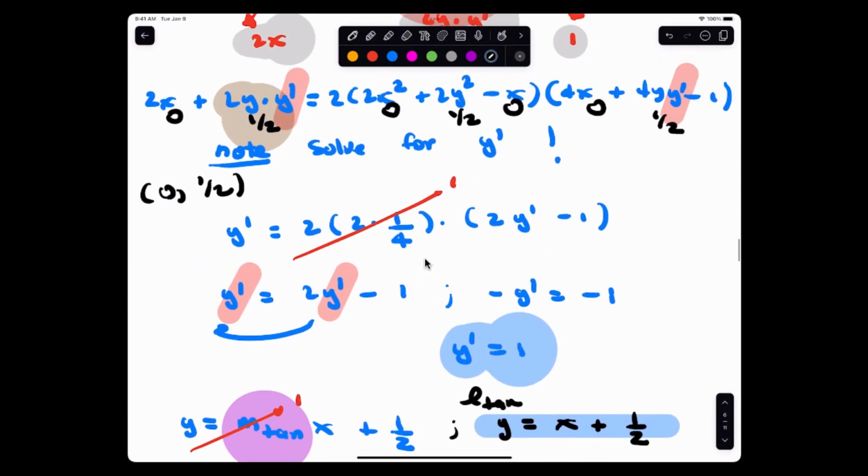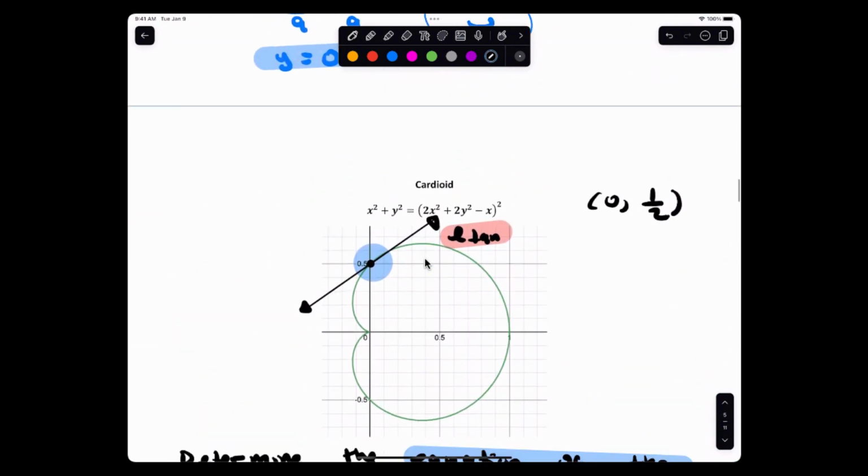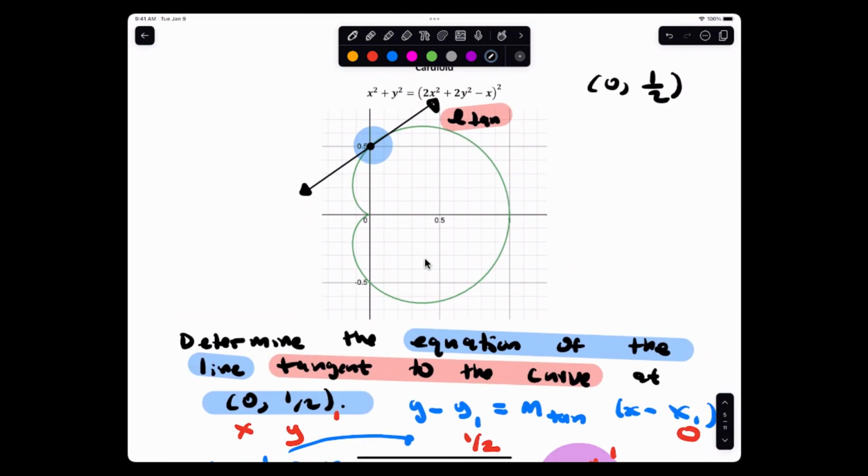All right, now let's recall. I want you guys to note this as well. What if they ask you for, what is this? What if they ask us for the normal line? Change the sign.